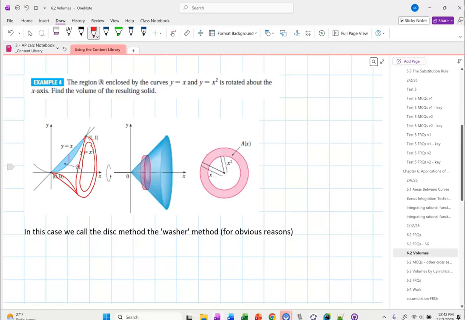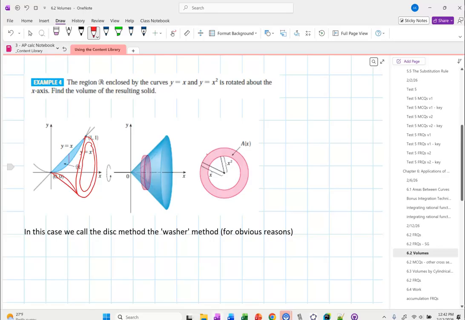This method that we're going to develop right now is called the washer method, because this shape looks like a washer, not like a washing machine or a dishwasher, but like that piece of metal hardware that you put the screw through and then screw down to protect the surface you're screwing into, because it's a disc with a hole in the middle. Everybody's okay with that?